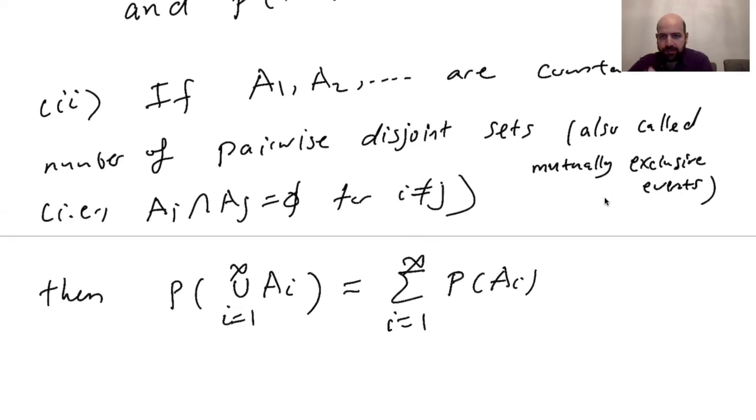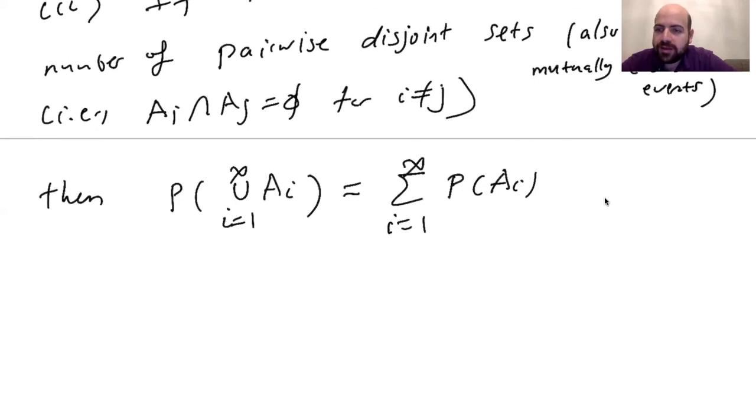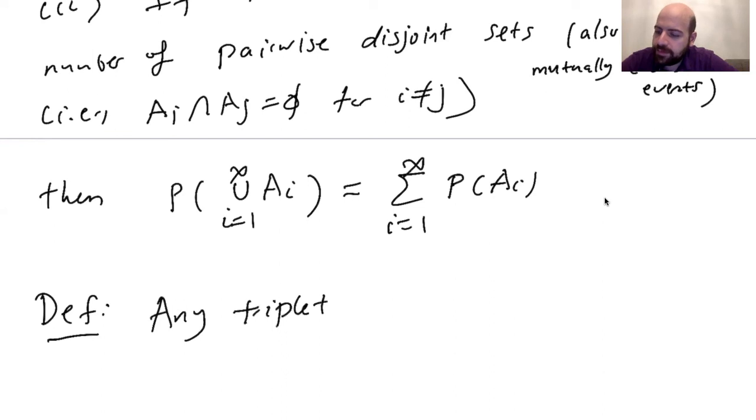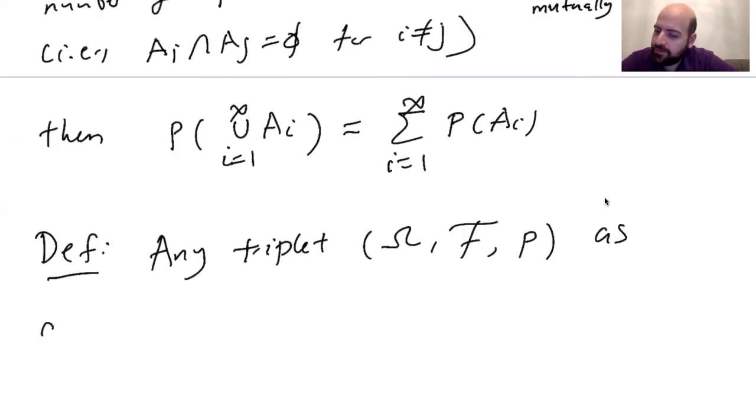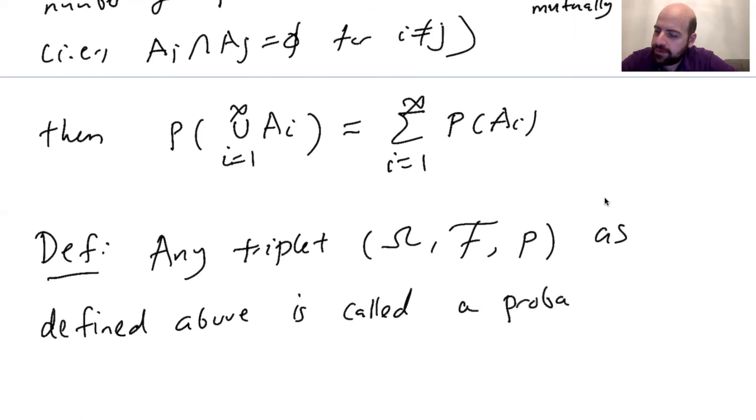Okay, so now we defined omega, curly F, and P. These three together is called a probability space. So, definition: any triplet omega, curly F, and P as defined above is called a probability space.